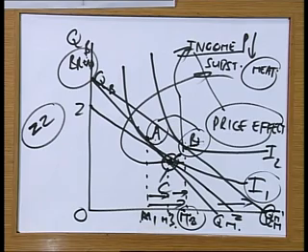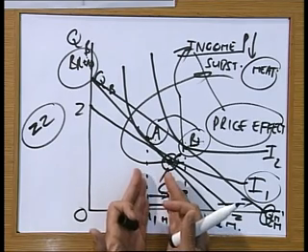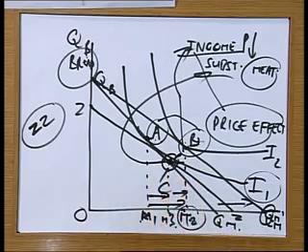But now we can separate it into the substitution effect at the beginning and the income effect later on. In the end, if there's a decrease in the price of meat, the quantity demanded of meat will increase, and that is also consistent with the law of demand.